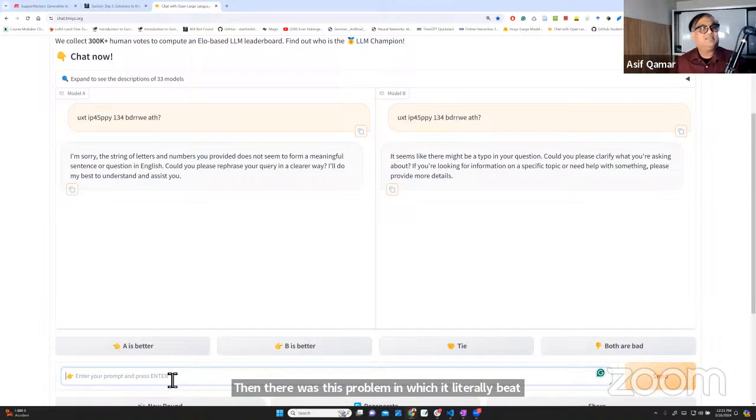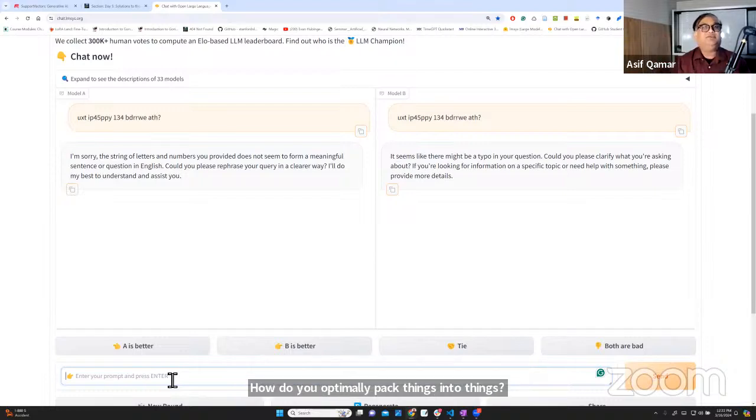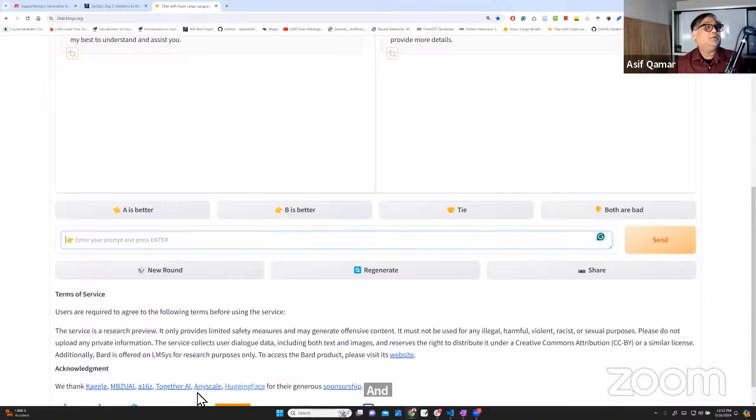And then there was another situation, for example, the bin packing problem. How do you optimally pack things into bins? It outdid the best heuristics people had known till then. It actually discovered a better algorithm. So we are at the cusp of a very interesting world where you can map the creativity of an LLM with the discipline of a verifier to actually discover things.